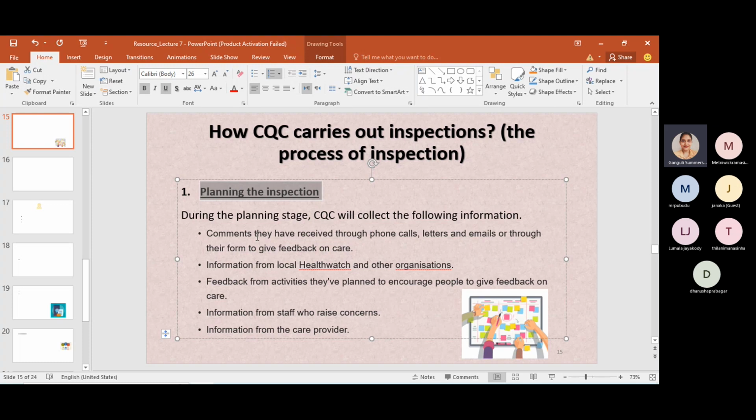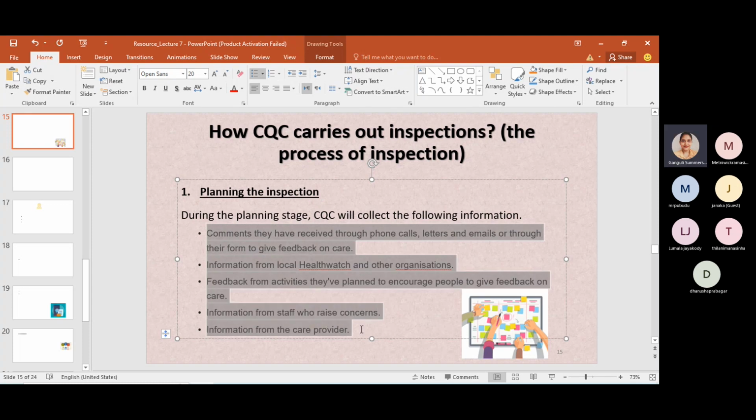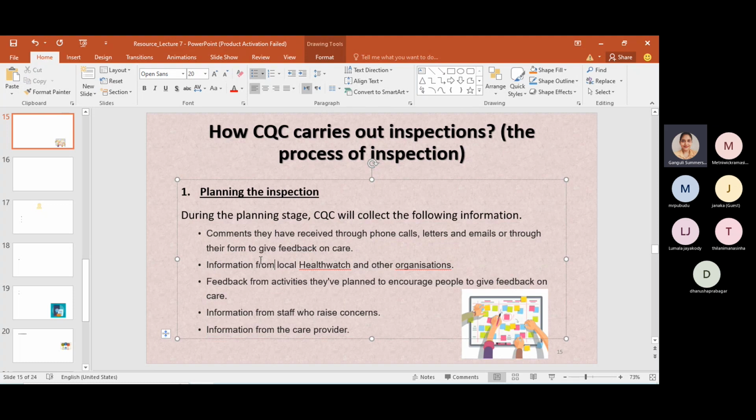During the planning stage, CQC will collect this information. They will collect the comments they have received from phone calls, letters, emails, or forms.